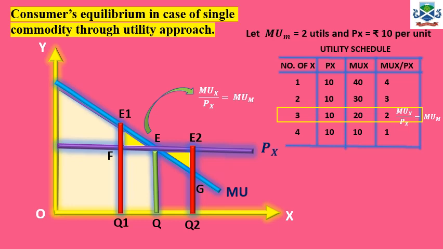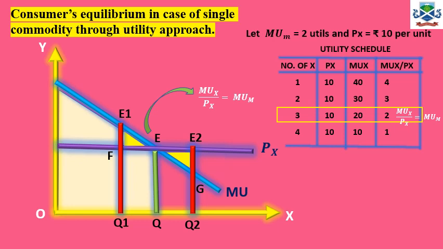He will be less satisfied over here if he is consuming OQ2 units of the commodity. So to get maximum satisfaction, he will be consuming only OQ units of the commodity X.